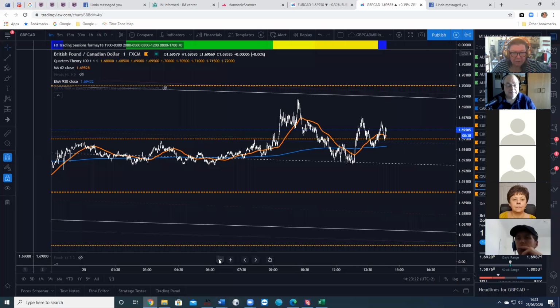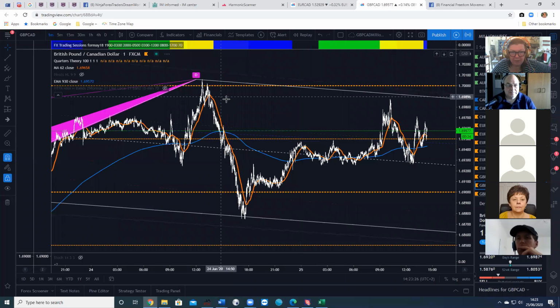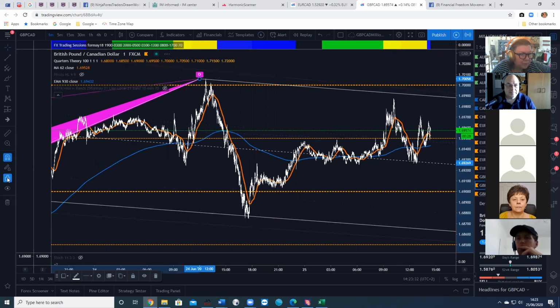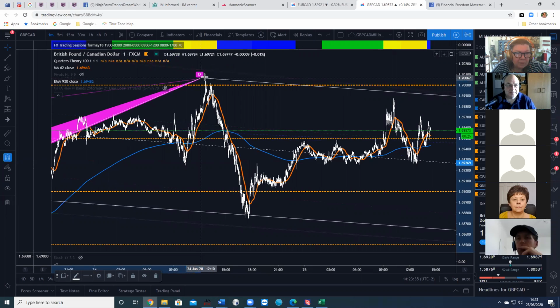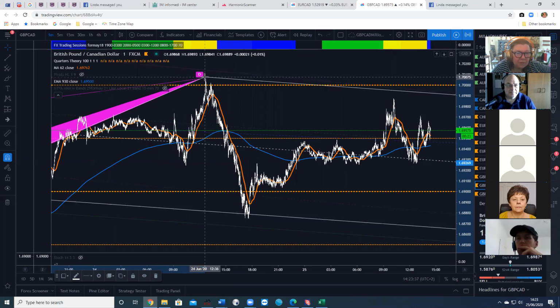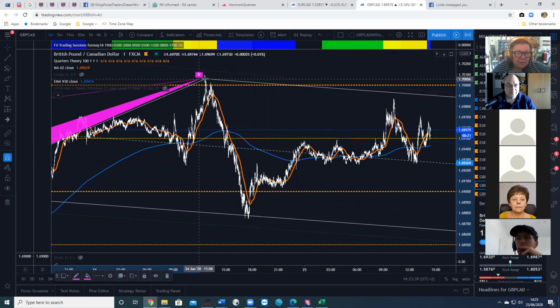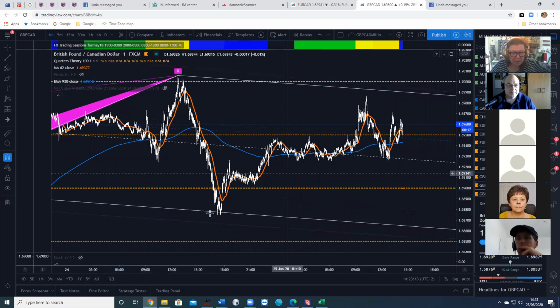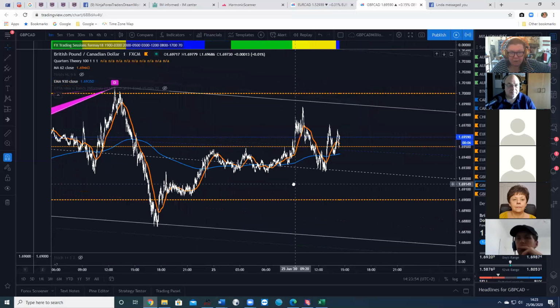Even though I've moved the D up, I need to move that to there. Let's just lock that on. It hasn't made a lot of difference, because it's still respecting it down there. I've got all those touches along there and here, so I still like the look of that.